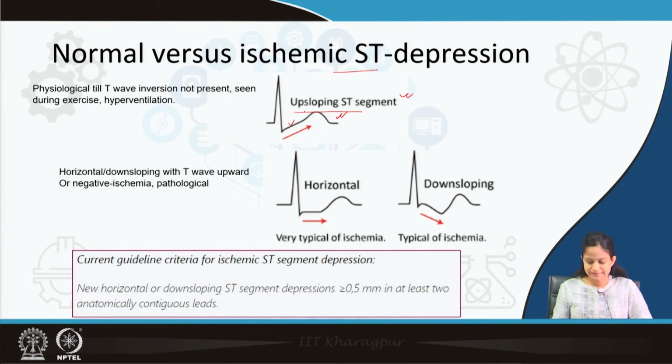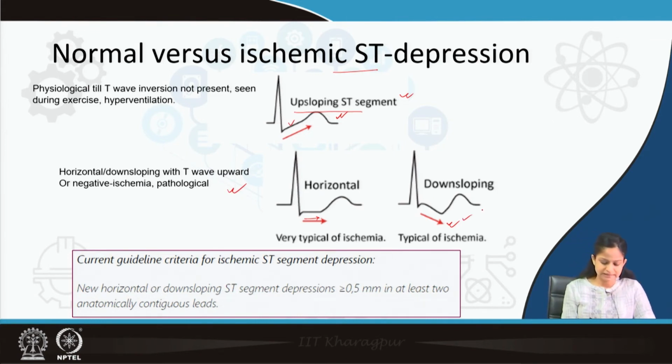What is not normal is a flat or horizontal ST segment, or a downsloping of the ST segment associated with T wave changes. There can be upward T wave deflections or negative T wave deflections, that means T wave inversions. These are typical of ischemia, the horizontal ST changes and the downward sloping ST changes.